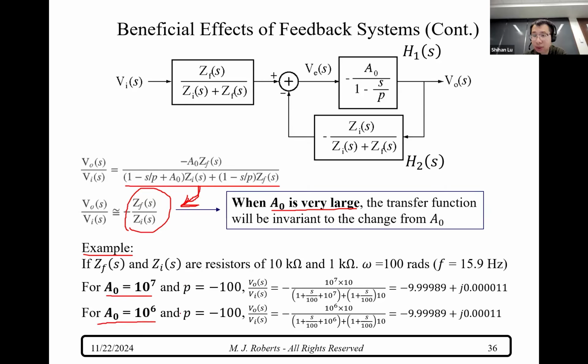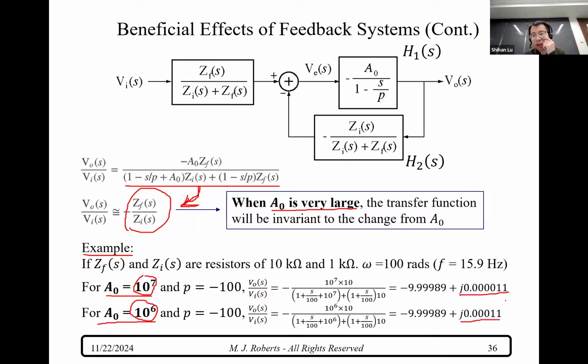A naught is large, but the change in A naught is also large, it is 10 times smaller now in this comparison. But as you can see, the impact on the final transfer function is actually pretty limited. It's only a small difference in the imaginary part of this transfer function.